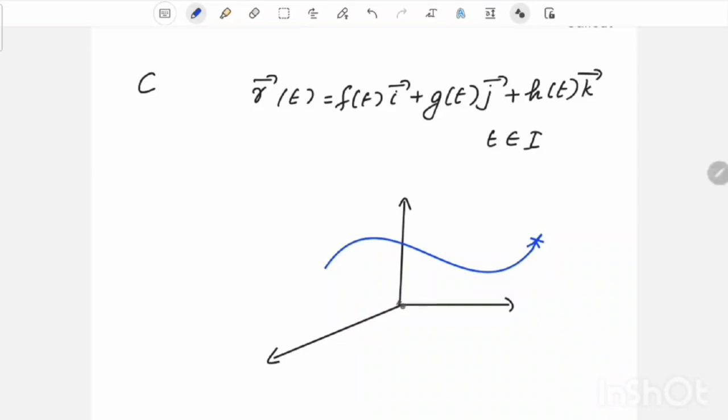Here r of t gives the position of the plane at time t.